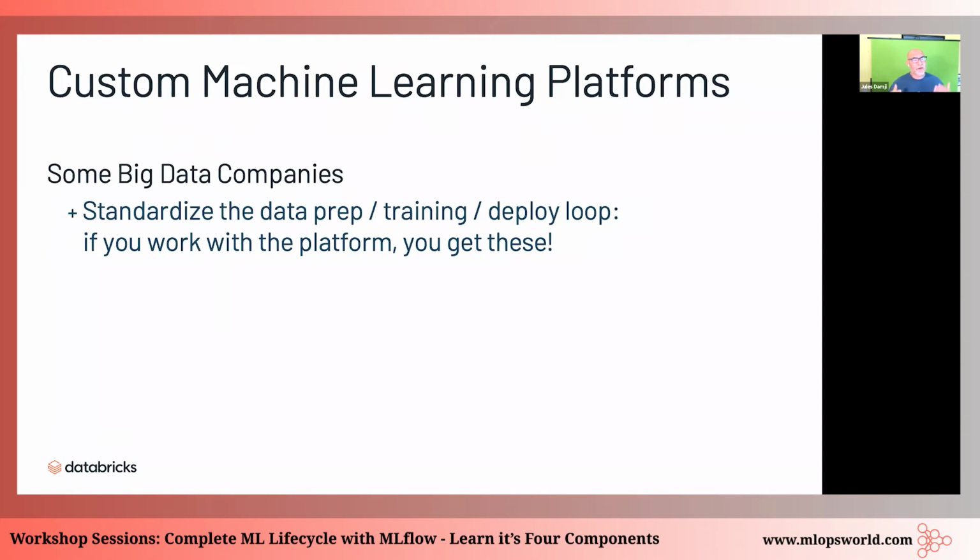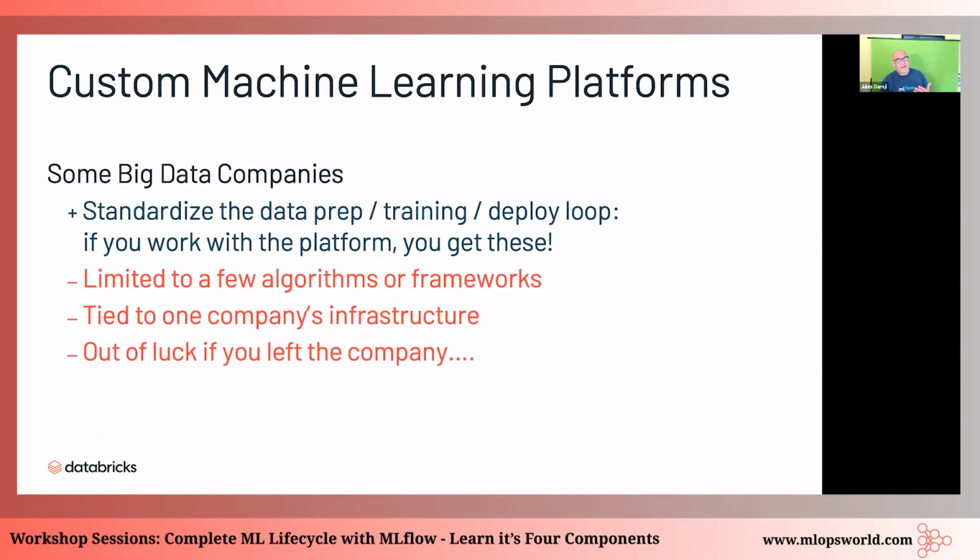The problem is that if you are working over there and with that platform, you get all this for free. But if you leave, they're limited in the number of algorithms and frameworks they want to use, and they're tied to the company's business goal. So you're limited to the frameworks that they support, because they're only going to address the problems that they are facing. So if you leave the company, you're out of luck.